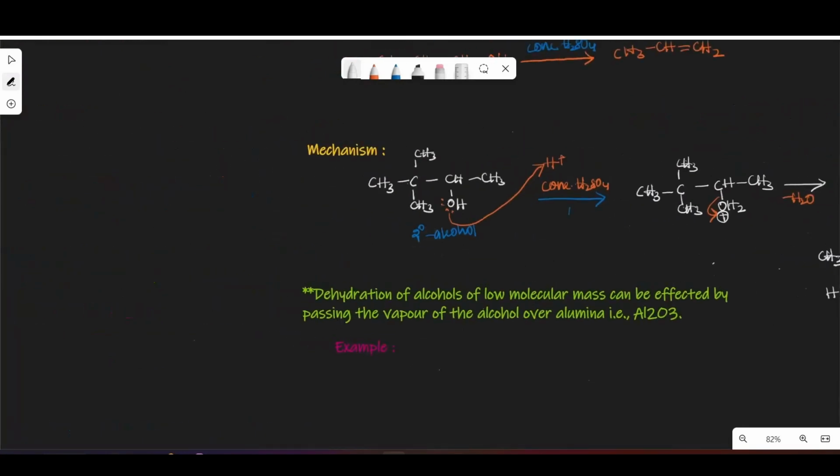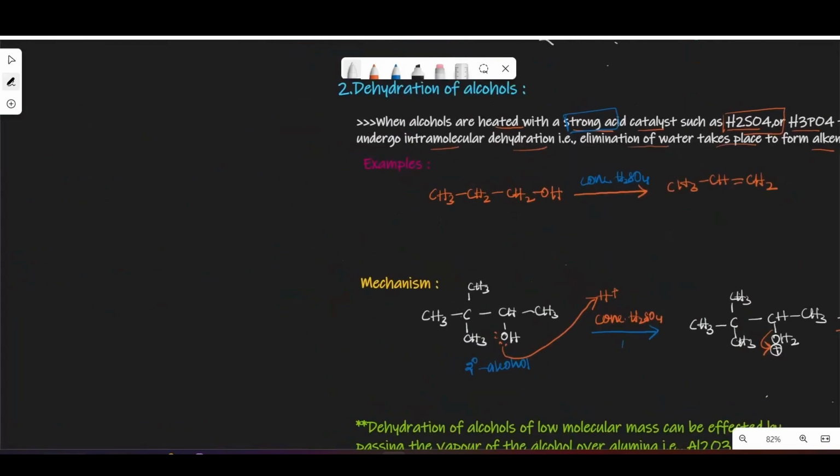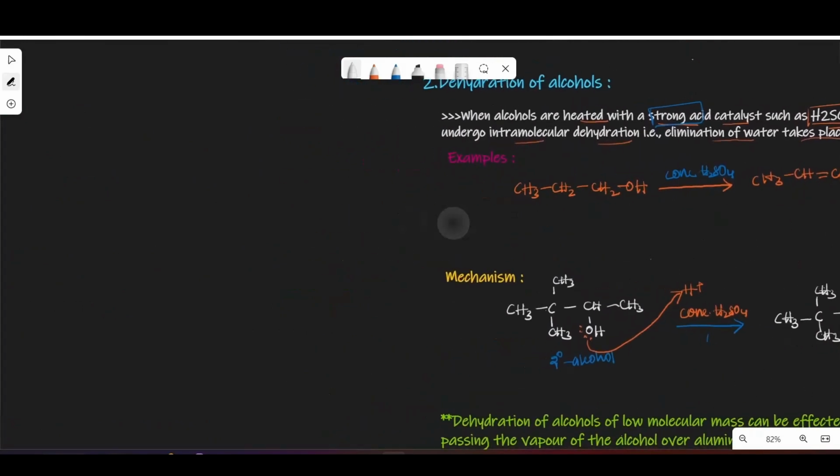In this one, I'll explain one more example for ring expansion. In this dehydration of alcohols, there is a probability of ring expansion. So let's see one example for the ring expansion case. Let's take this compound.